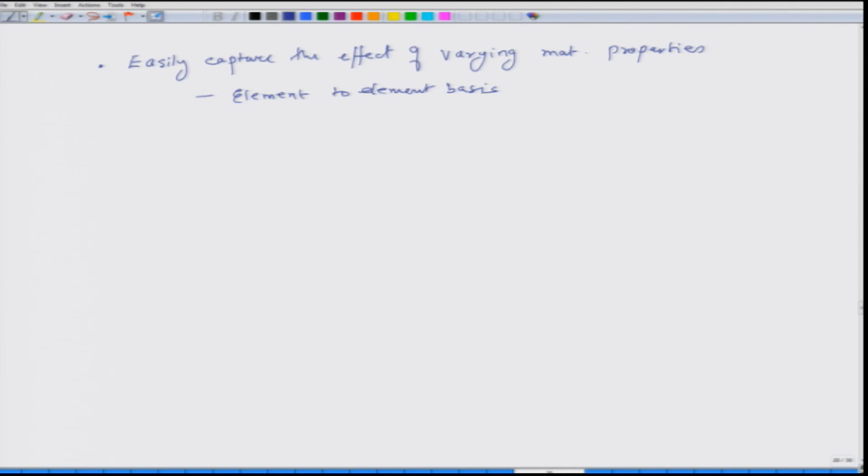The second thing is that if you have a situation where material properties are gradually changing in space, then that gradual variation within an element is also easy to capture, because all we are doing is integrating the weighted residue or the error on an element by element basis.